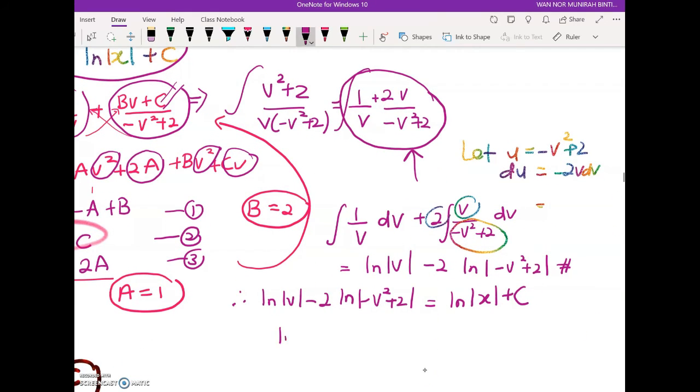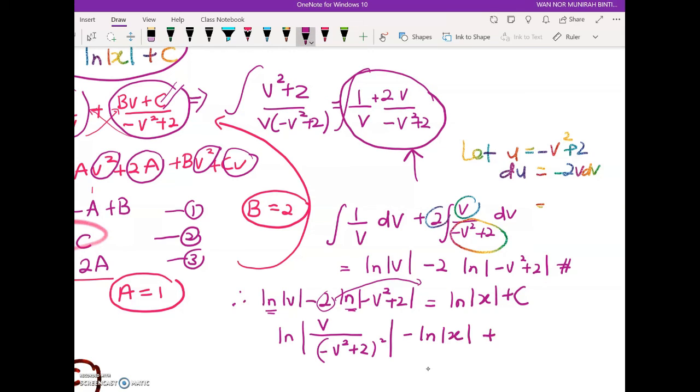So we have natural log of v over, because this is the property of logarithm, negative v squared plus 2, squared, equals, or you can simply bring the natural log x to your left, so it becomes negative here.